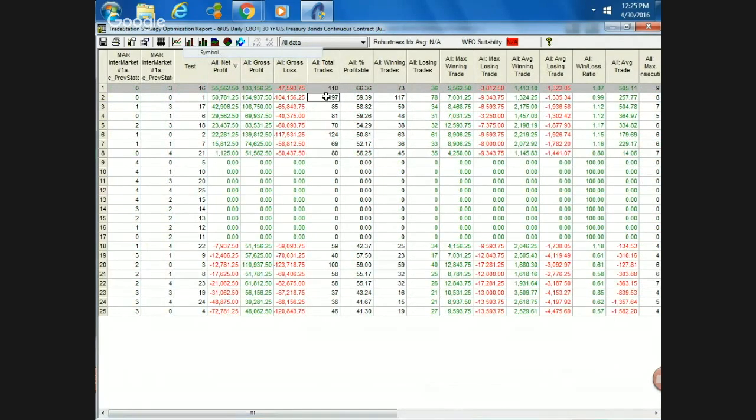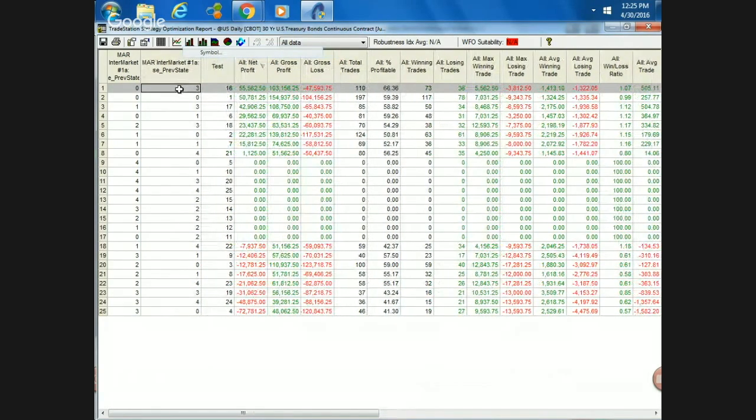But if we require the previous state to be 3 on the entry, we make a little more money, 55K. We cut out 87 trades.